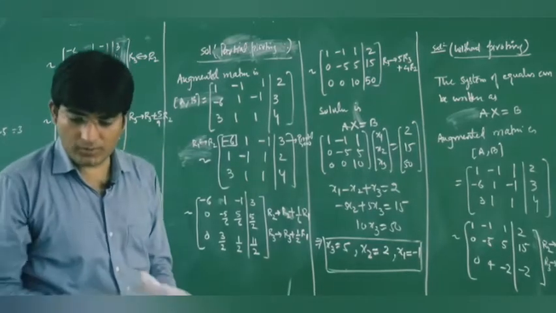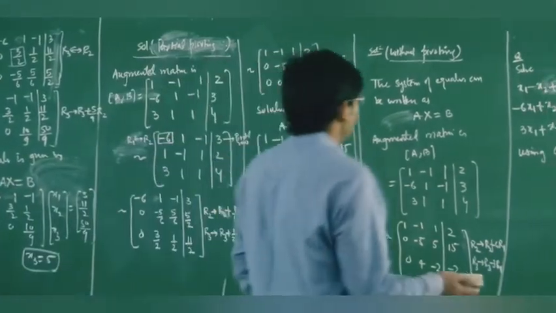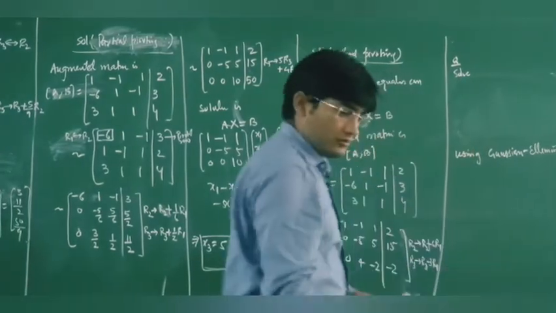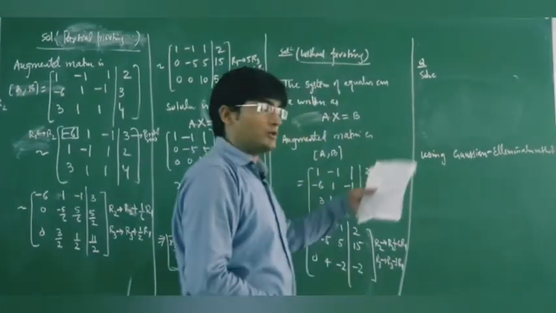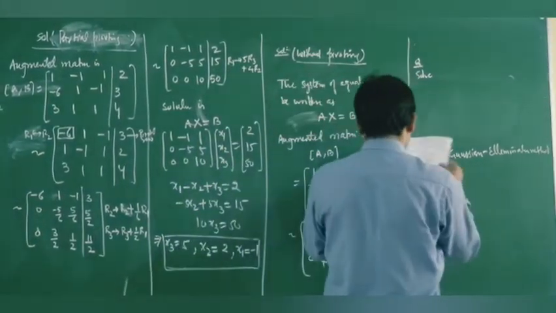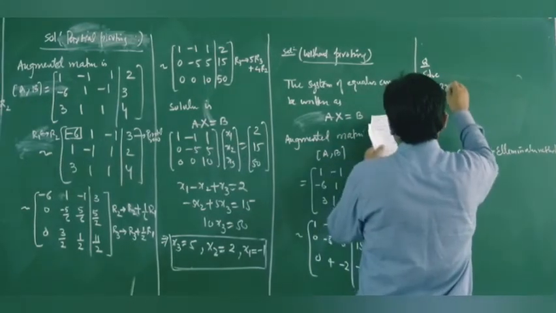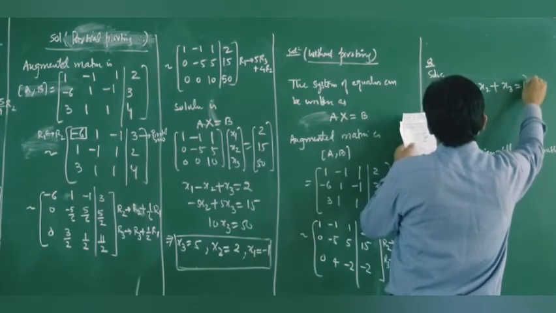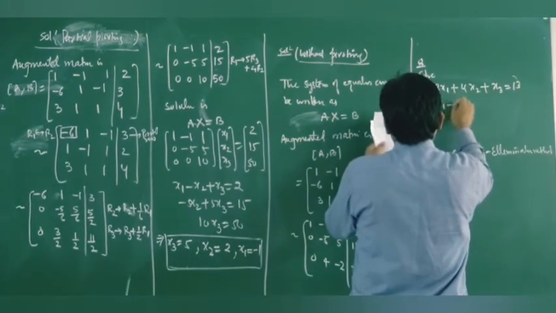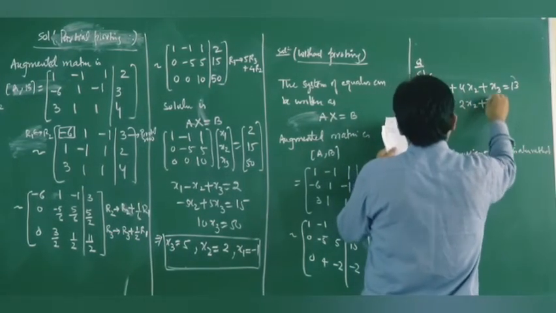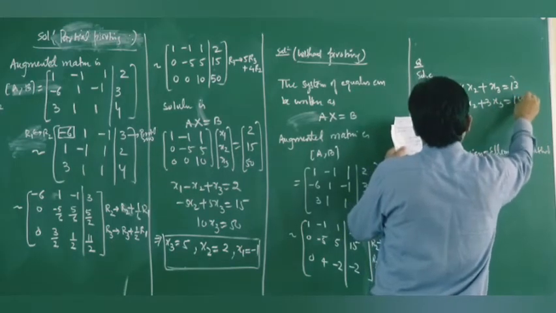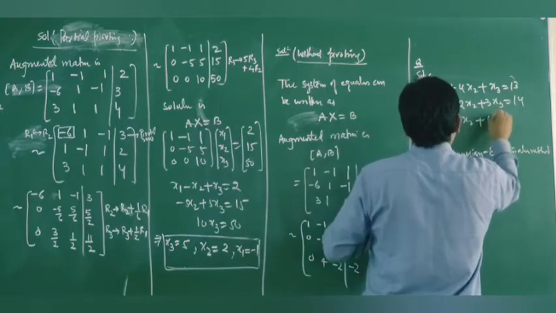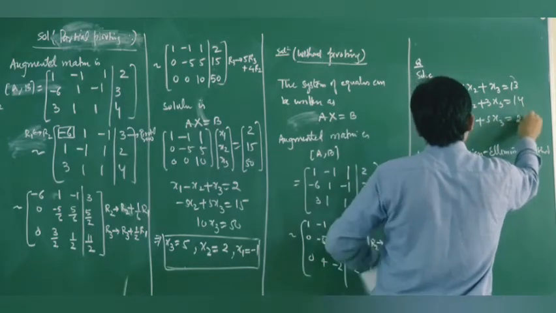So let us solve another question with the help of this complete pivoting. Let us solve the problem: 2x1 + 4x2 + x3 = 13, then x1 + 2x2 + 3x3 = 14, then 3x1 + x2 + 5x3 = 20.